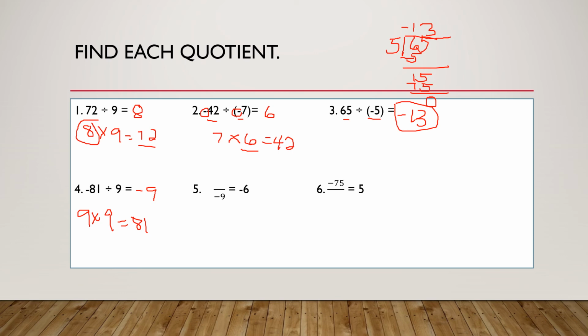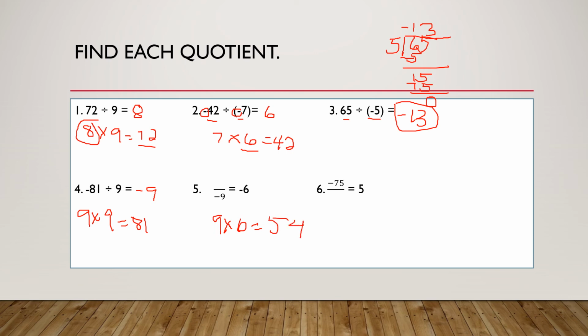Next, here. What do you think is missing here? All you have to do is multiply 9 times 6. Let me fix my writing. 9 times 6 equals 54.